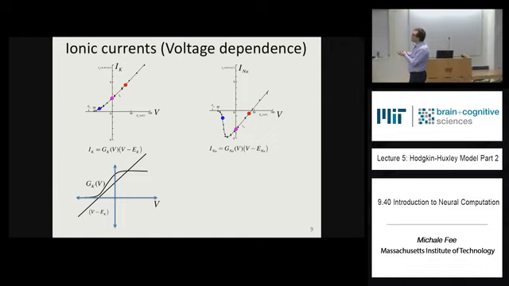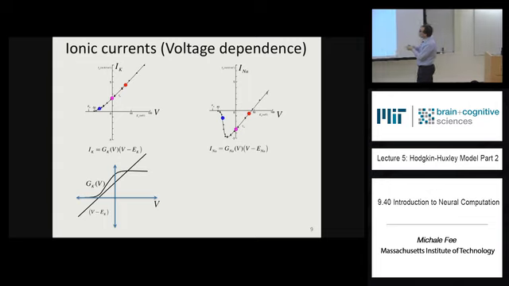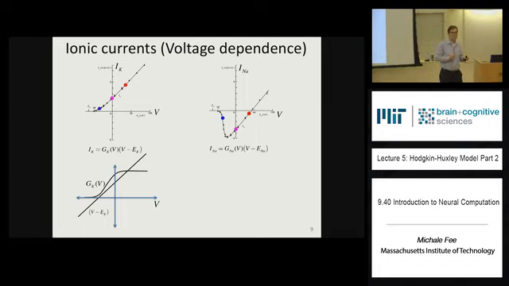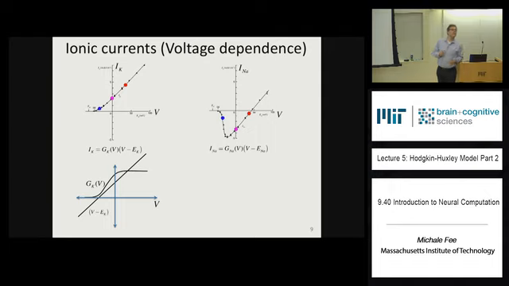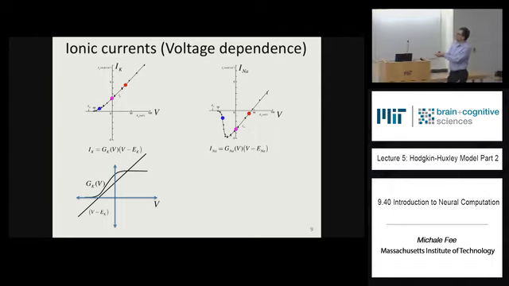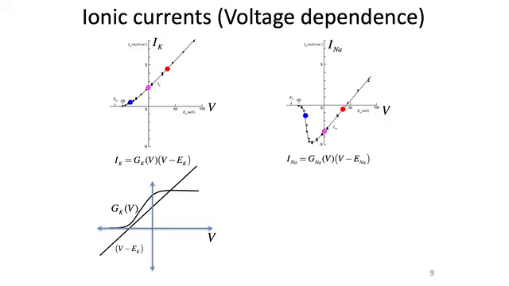Yep. Okay, so if G were constant, if G had no voltage dependence and was just a constant, what would this current look like? If this G were just a constant, with no dependence on voltage, good, it would look just like this, right?